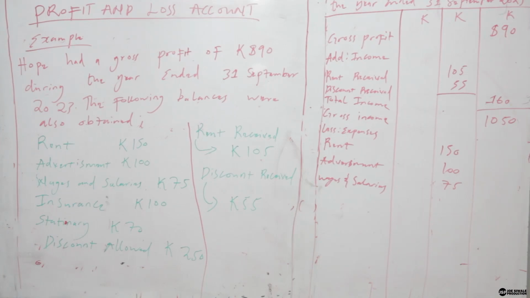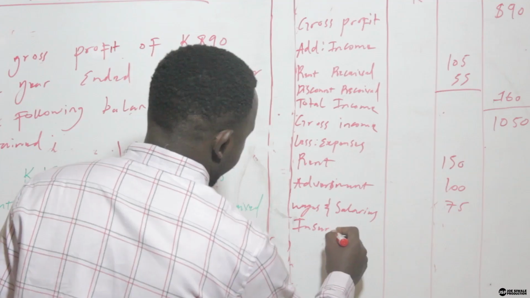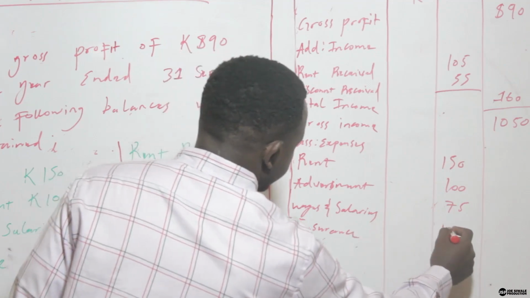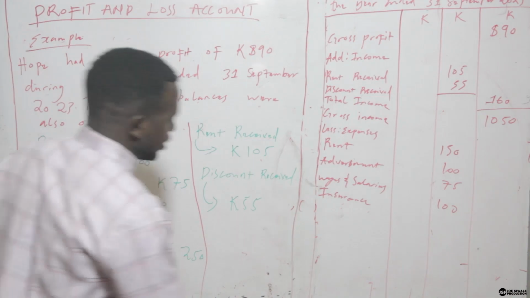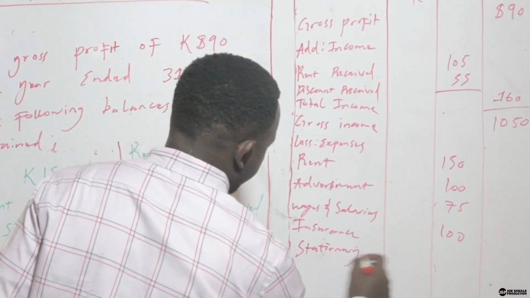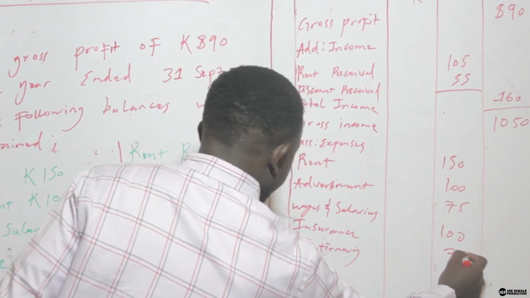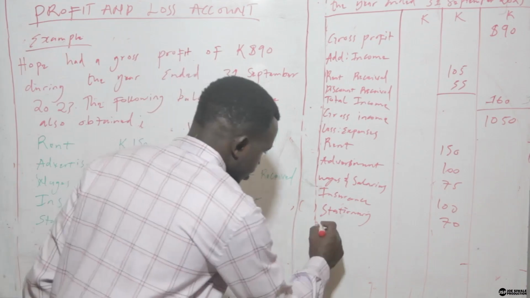Then we also have insurance, 100. Then we have stationery, 70. Then we have discount allowed, 250.